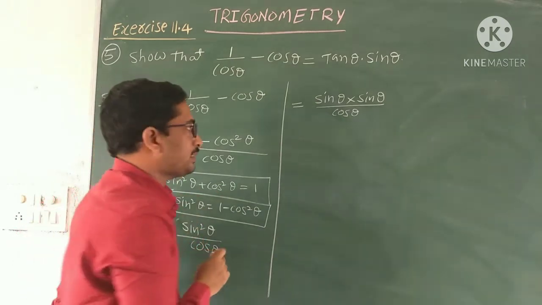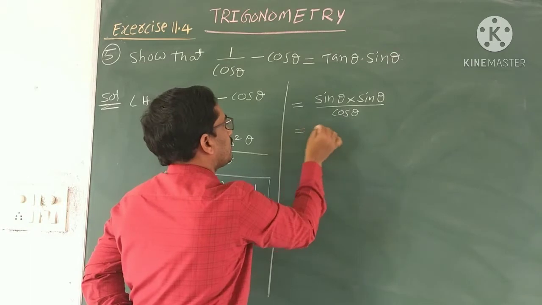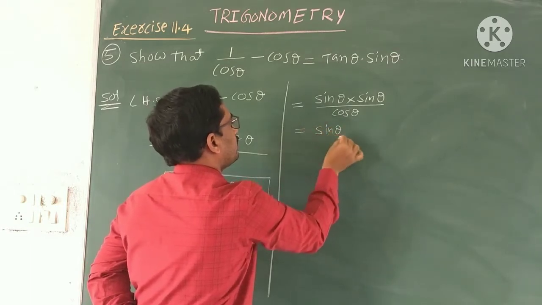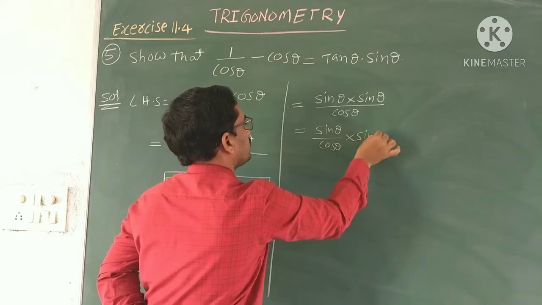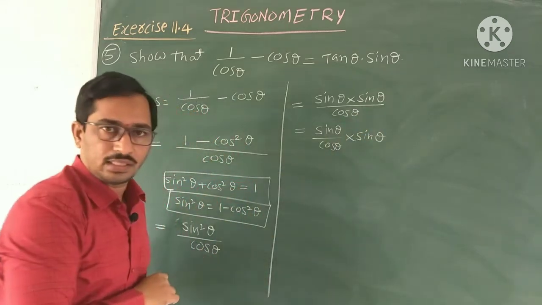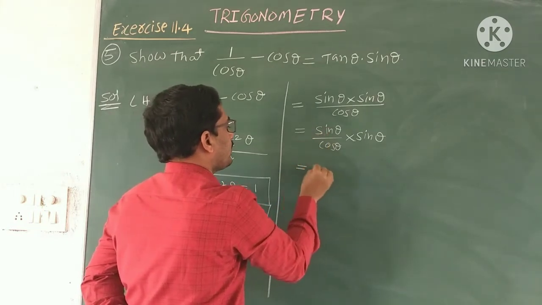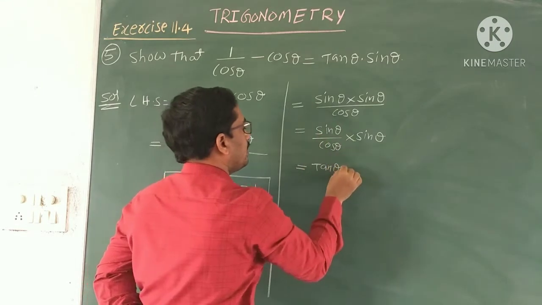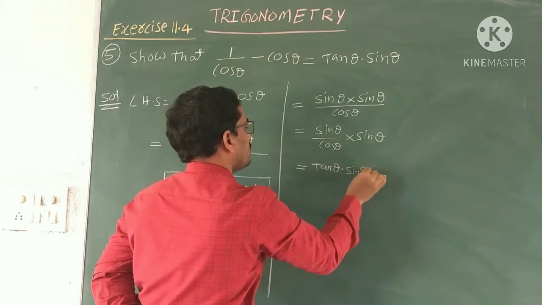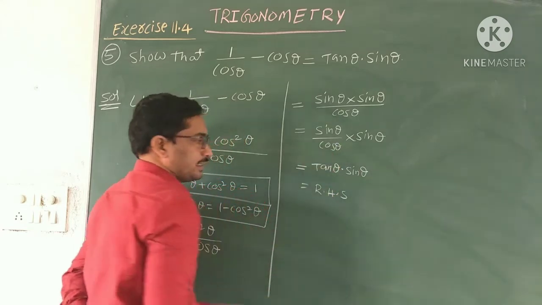Now separate the cos theta, either with the first term or the second term, both are the same. So sin theta by cos theta into sin theta. But sin theta by cos theta is tan theta, so tan theta into sin theta. So this is our RHS, tan theta into sin theta.